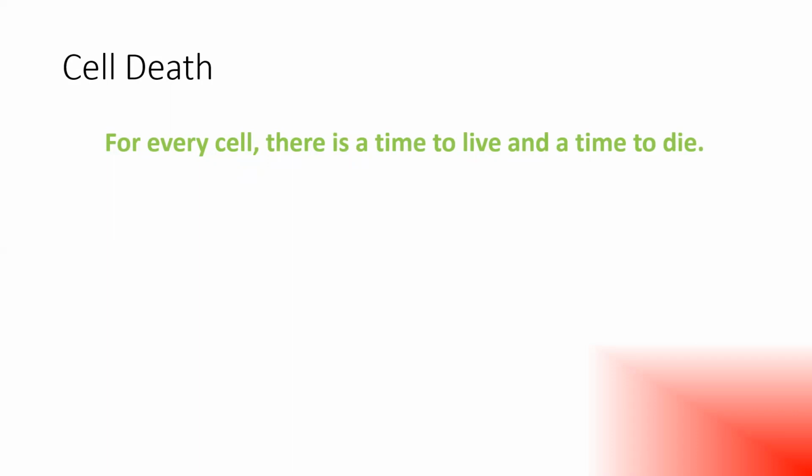And cell death: for every cell, there is a time to live and a time to die. First, the function of the cell will be blocked or will disappear, but the cell is alive. After a few hours or few minutes of the function disappearing, the cell dies.